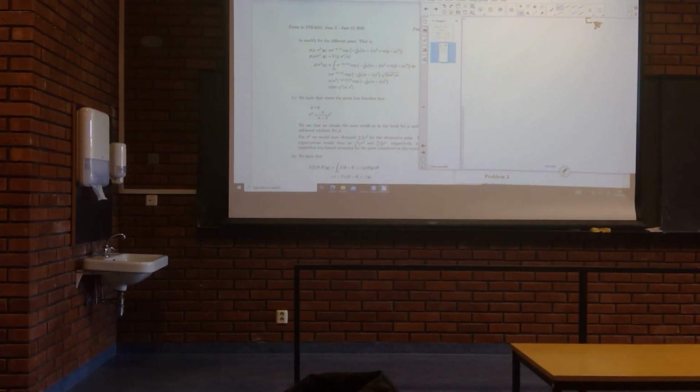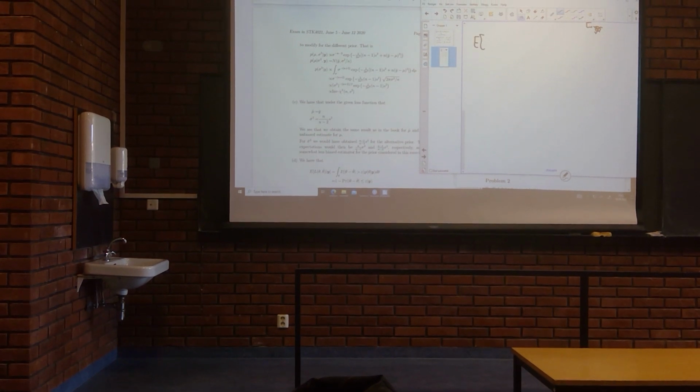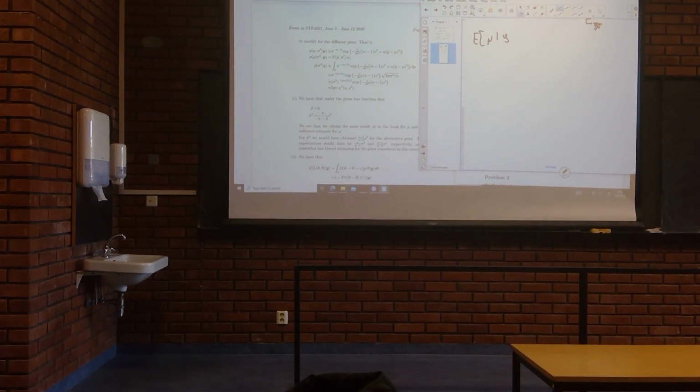If we first look at the expectation of mu given the data, we don't really have this directly in what we have found so far. But note that we can write this as the expectation of mu given sigma squared and y, like this, using the rule about double expectation.